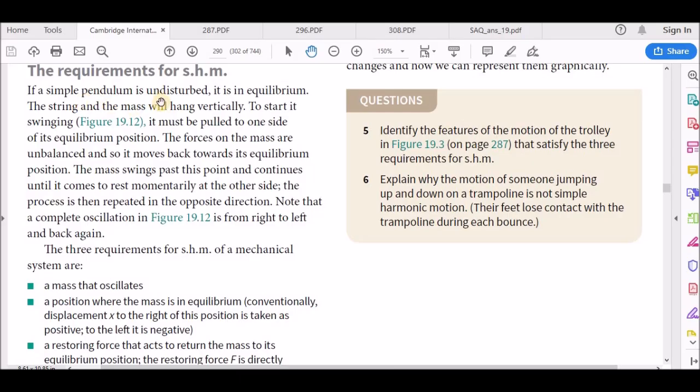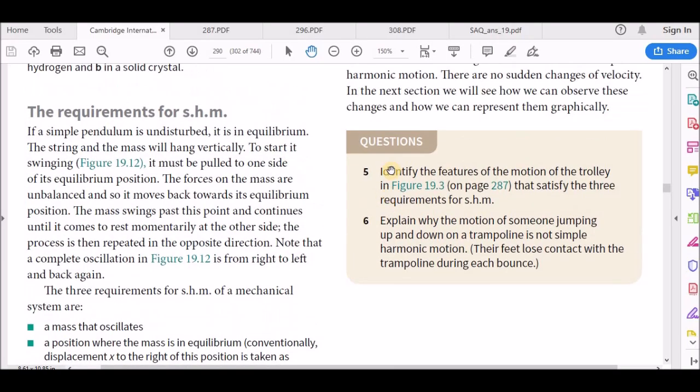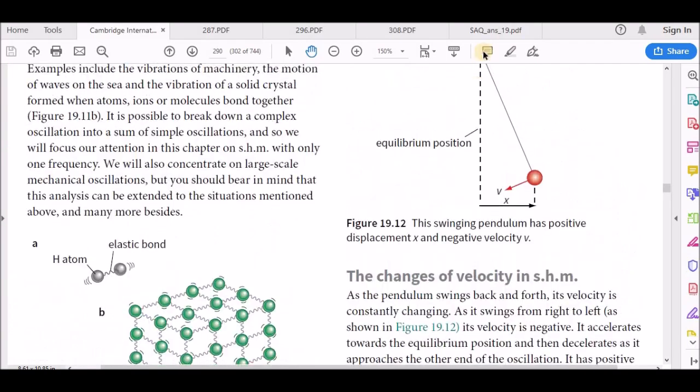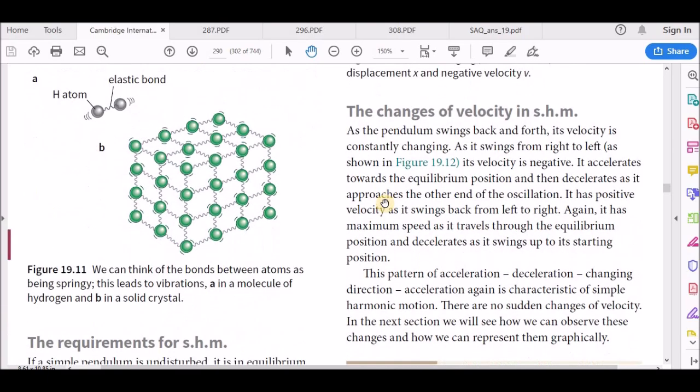If a simple pendulum is undisturbed, it is in equilibrium. For example, if you look at this pendulum, if it's in the vertical position, it will remain like that. It's undisturbed, so it is in the equilibrium position.